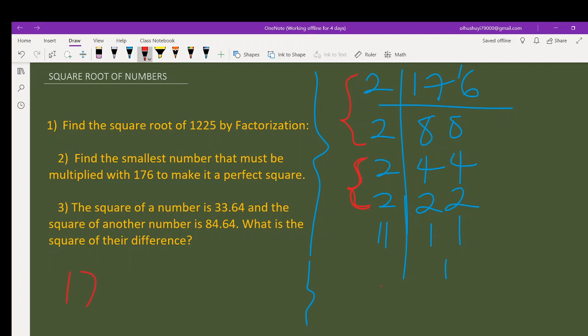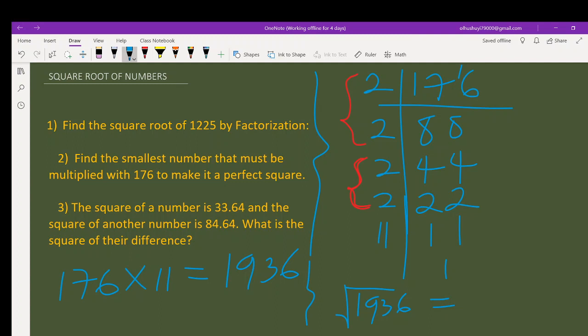176 times 11, that will give us 1936. Check the square root of 1936.